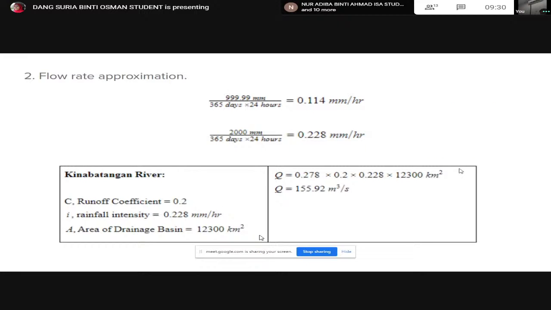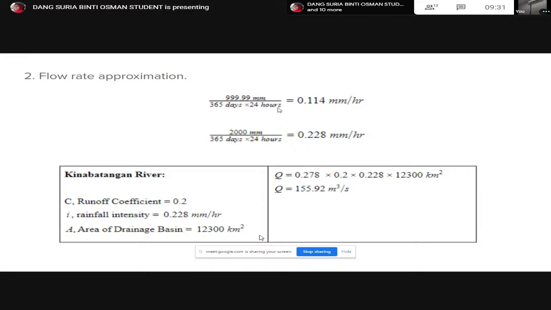Okay, this is the second part of the methodology, the flow rate approximation. The first one here is the rainfall intensity. We calculated using the Sandakan annual precipitation.